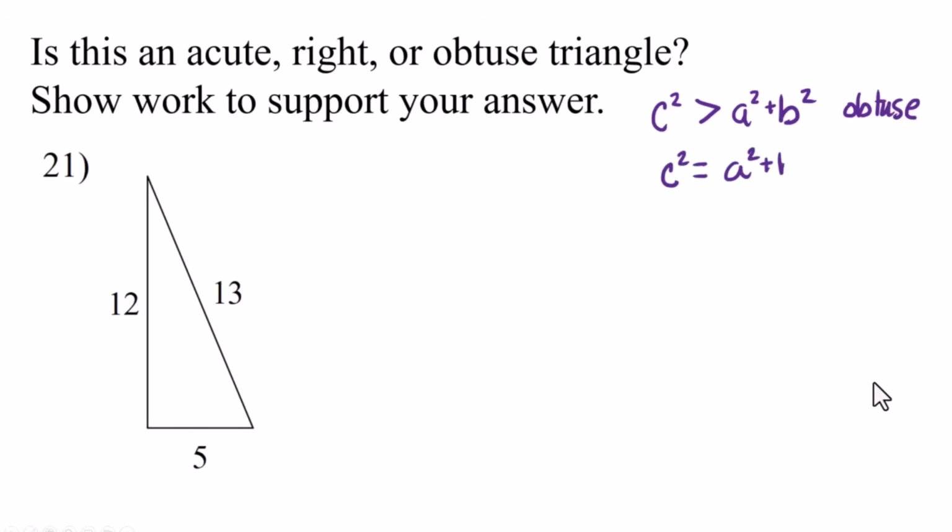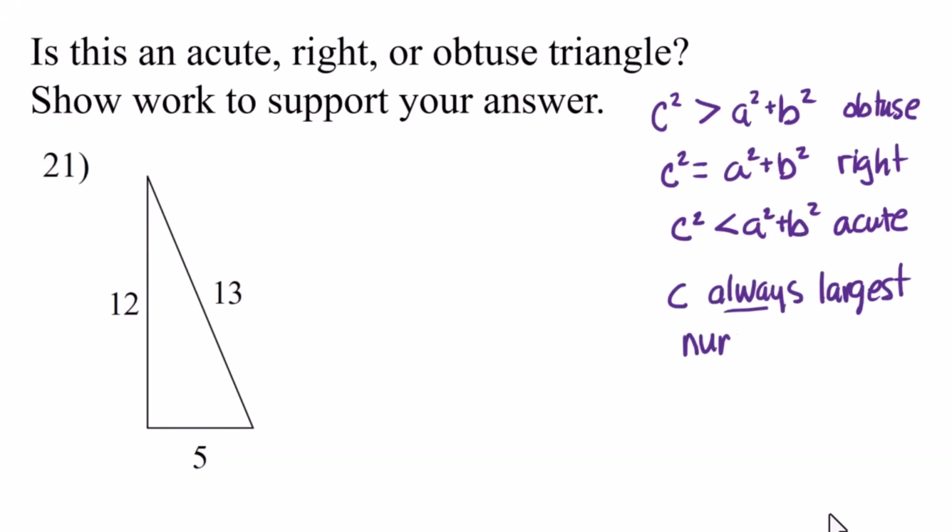If c squared equals a squared plus b squared, it is a right triangle. And if c squared is smaller than a squared plus b squared, it is acute. If you write the c first, the greater than symbol goes with obtuse, and the less than symbol goes with acute, which makes so much more sense to my brain, which is why I write my Pythagorean theorem backwards.